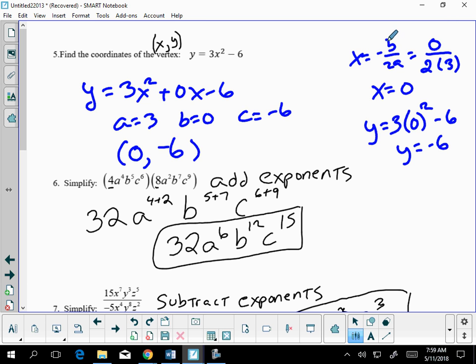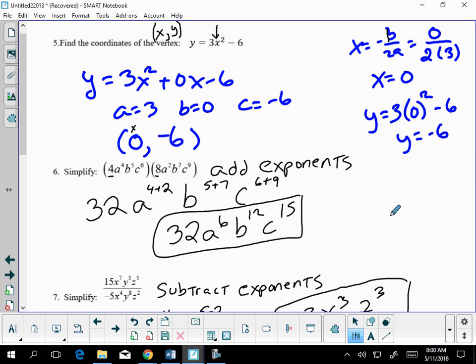You do the opposite b over 2a. 0 divided by anything is going to give you 0. That's where that x coordinate comes from, 0. And then you take that 0 and you plug it in right there, and you're going to get 3 times 0 squared minus 6, which is negative 6.